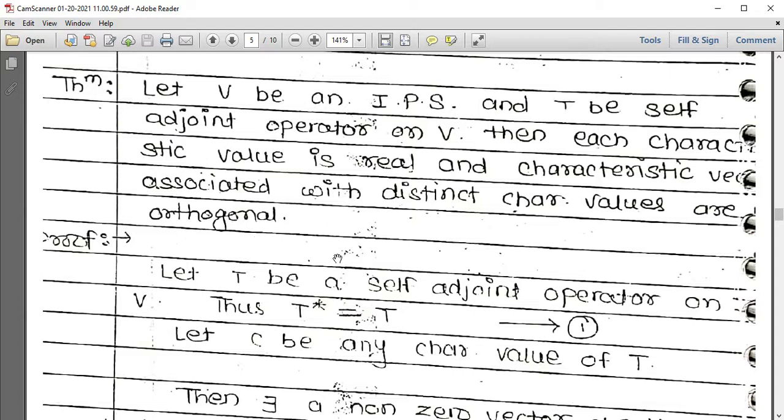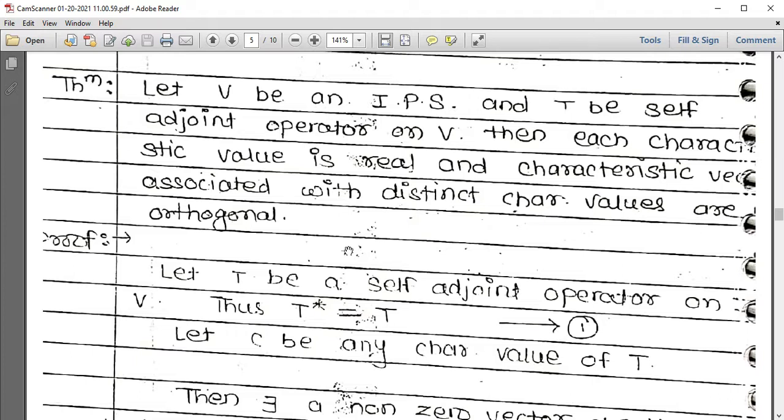Here it is given to us that T is a self-adjoint operator.